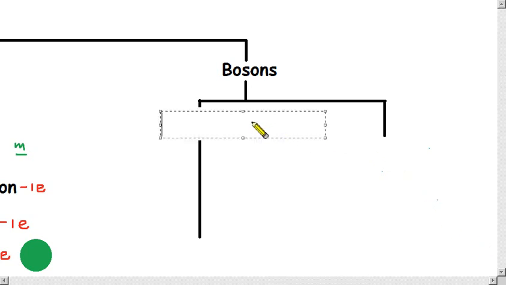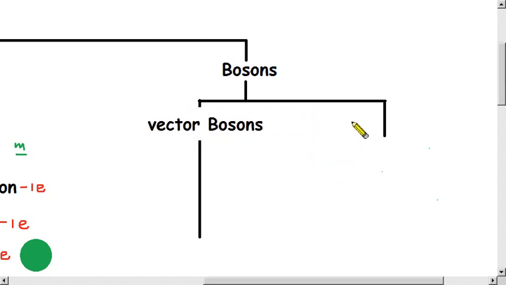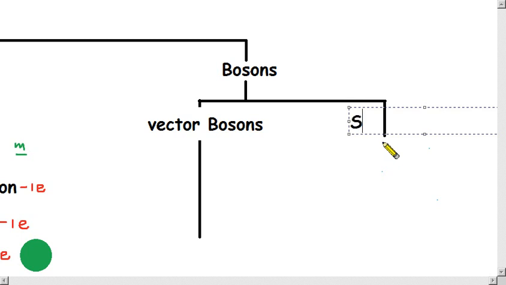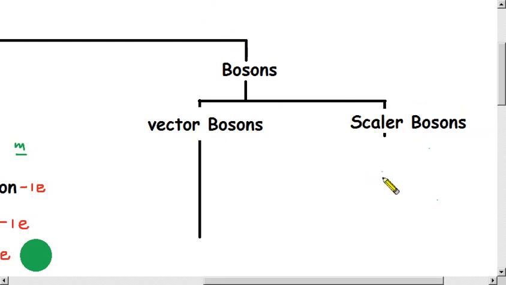So what are these two groups? One is called vector bosons. The other is called scalar bosons. So what are these vector bosons?